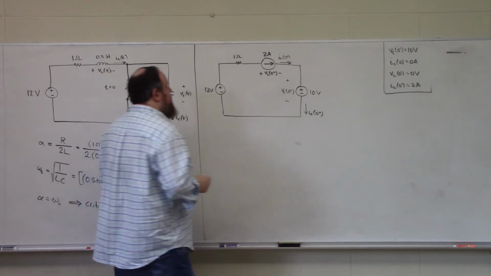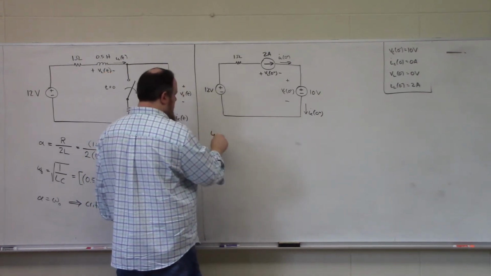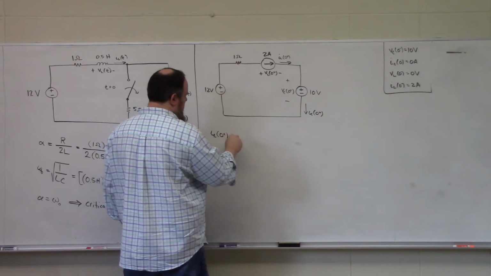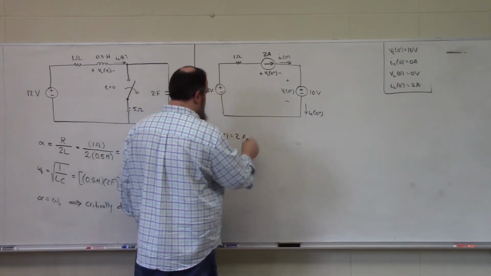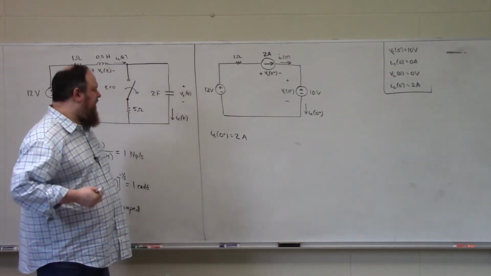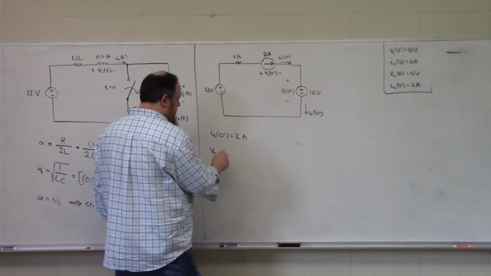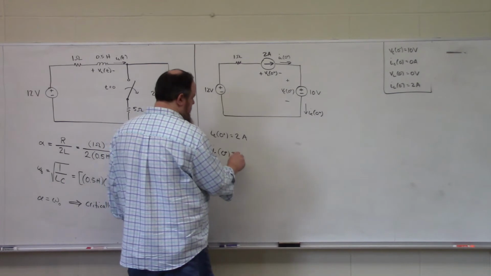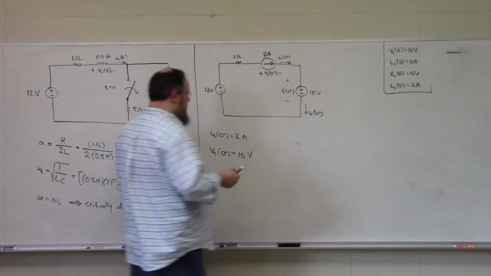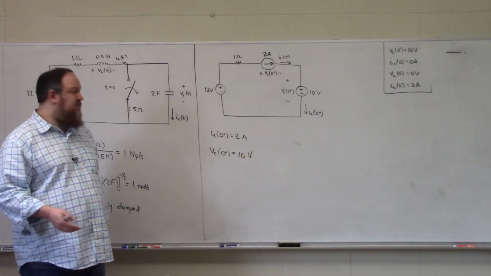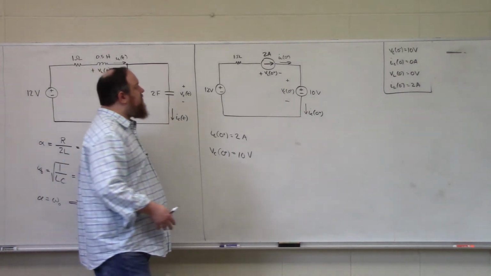So by inspection, IL at 0 plus must be 2 amps. Since IL at 0 minus was 2 amps, IL at 0 plus must also be 2 amps. VC at 0 plus is 10 volts, because if VC at 0 minus was 10 volts, VC at 0 plus must be 10 volts.